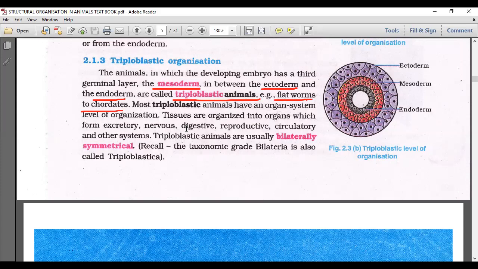Most triploblastic animals have an organ system level of organization, as I showed you. Tissues are organized into organs which form excretory, nervous, digestive, reproductive, circulatory, and other systems. Triploblastic animals are usually bilaterally symmetrical.